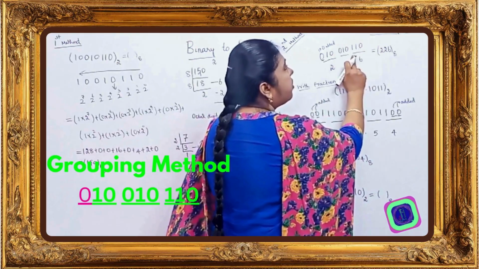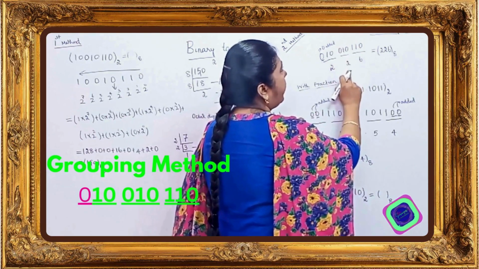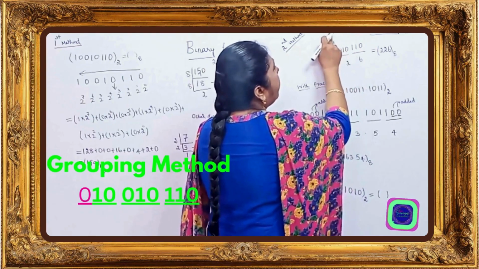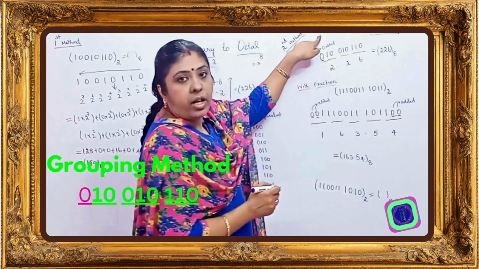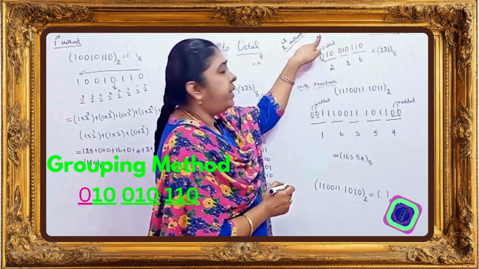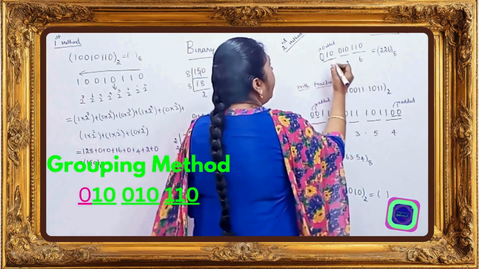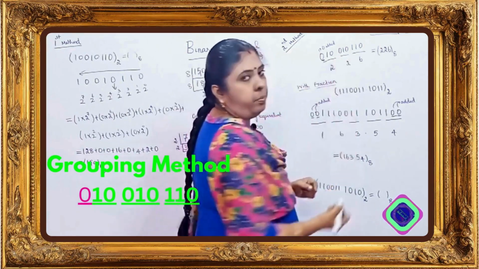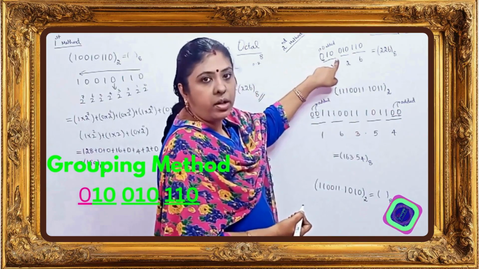So 110 is grouped. Again 0, 1, 0 is grouped. Then after grouping, we are left with only 1 and 0. Here we do not have 3 binary digits, only 2 digits, 1 and 0. So another 0 can be added, and it becomes 0, 1, 0.